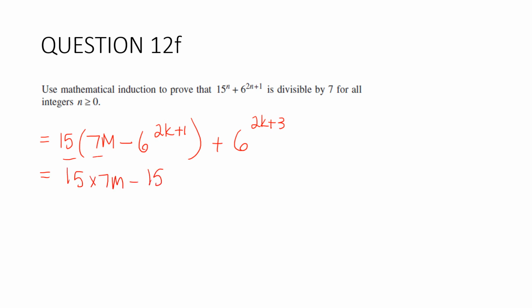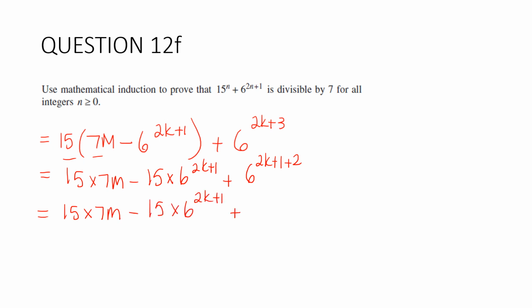Minus 15 times 6 to the 2k plus 1, plus, I'm going to turn this into 2k plus 1 plus 2, equals 15 times 7m minus 15 times 6 to the 2k plus 1, plus 6 to the 2k plus 1 times 6 squared, which is 36, equals 15 times 7m.